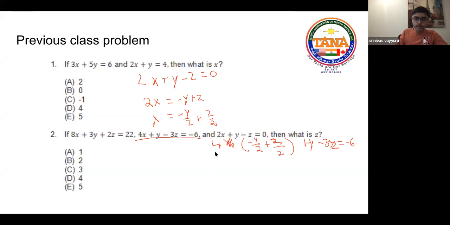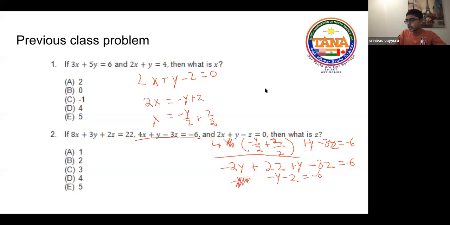Then after you simplify this, you get negative 2y plus 2z plus y minus 3z equals negative 6. Then you simplify this further, making it negative y minus z equals negative 6.